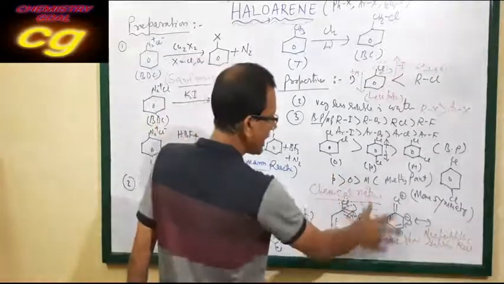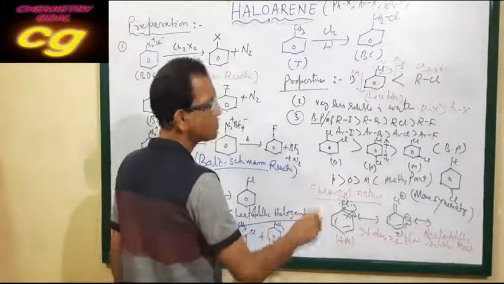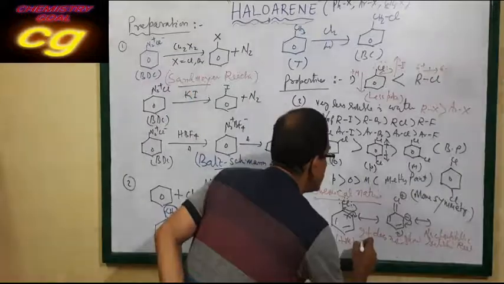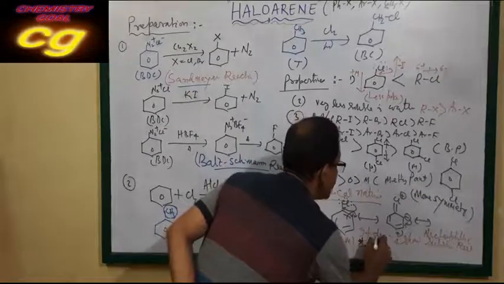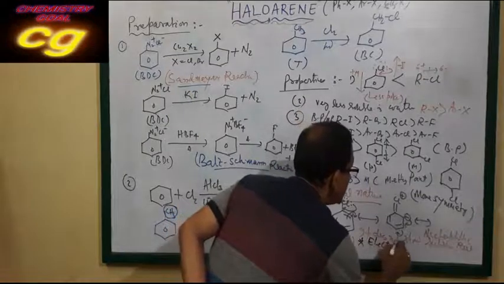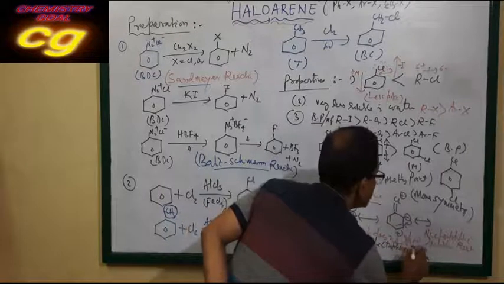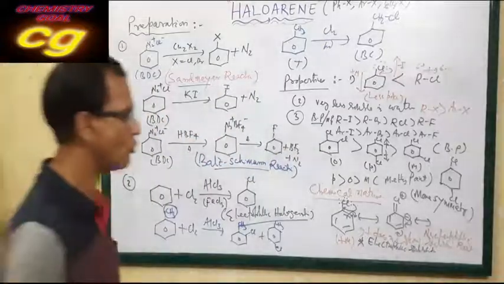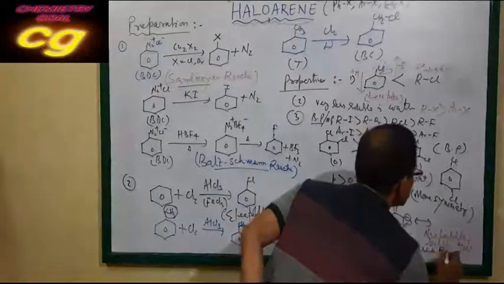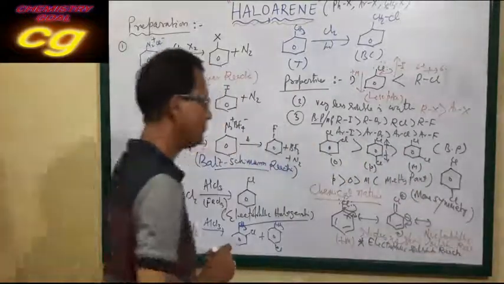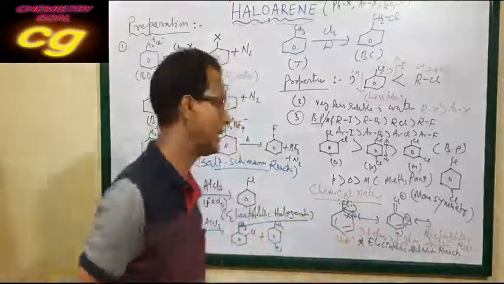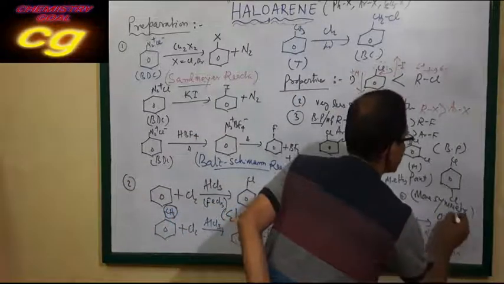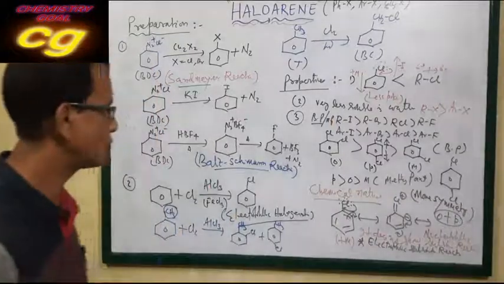That's why all haloarenes mainly show electrophilic substitution reaction. At what position? At ortho and para positions. These two products are produced.